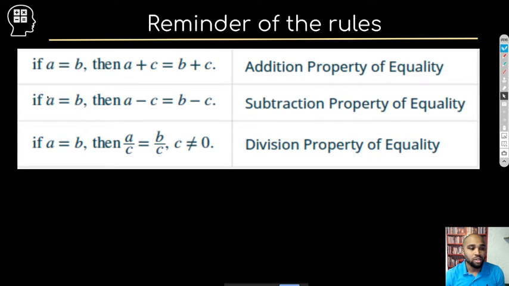Same thing for subtraction. If A and B are the same, say for instance 3 equals 3, if you take away 1 on both sides, let's call it C, it's going to be still equal as long as you keep it balanced. If A is equal to B, the division property says you can divide by the same thing, and it's still going to be equal as long as it's not 0, because you can't divide by 0.